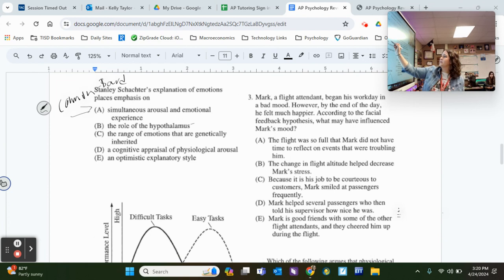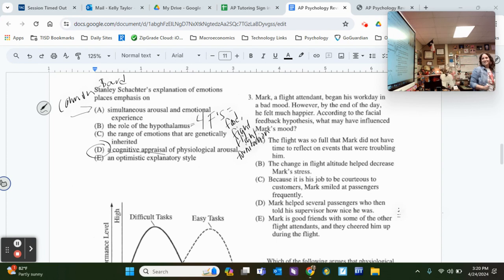Remember, the hypothalamus is those four F's: food, fight, flight, and fornication. That is the F word that we will be using. D, cognitive appraisal, some sort of label from that.